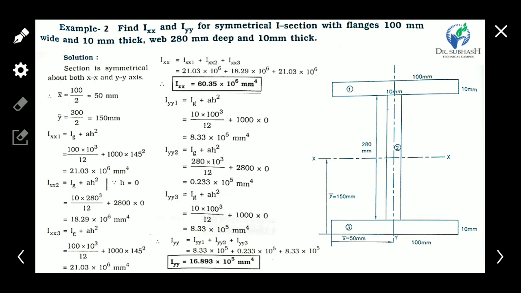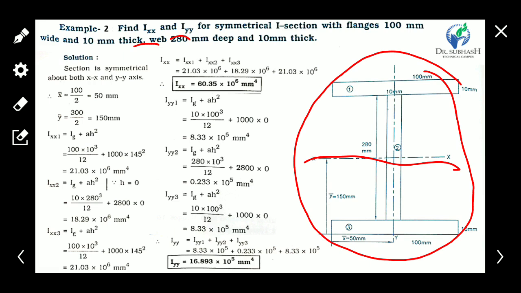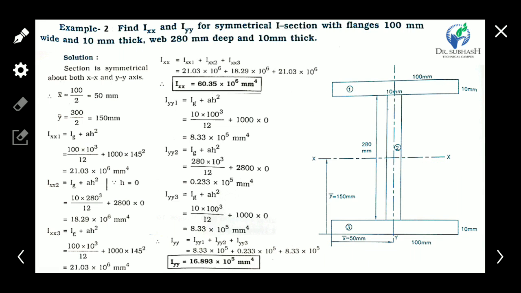Now you know that we have to find Ixx and Iyy, meaning moment of inertia about the x axis and y axis which pass through the CG of the total section. So first we have to find the position of the x axis and y axis passing through the CG.